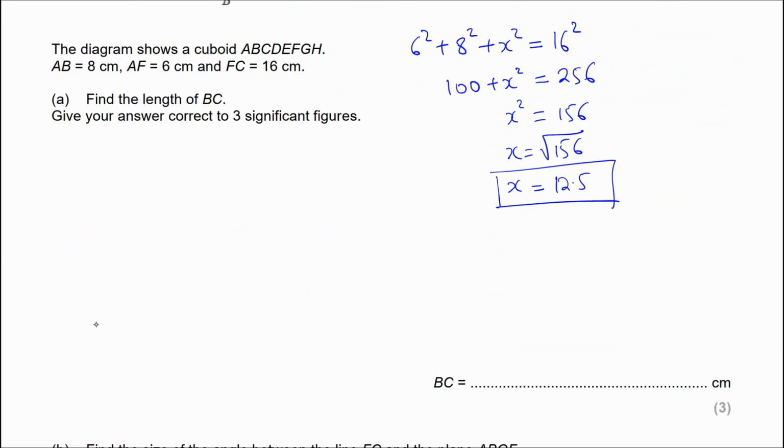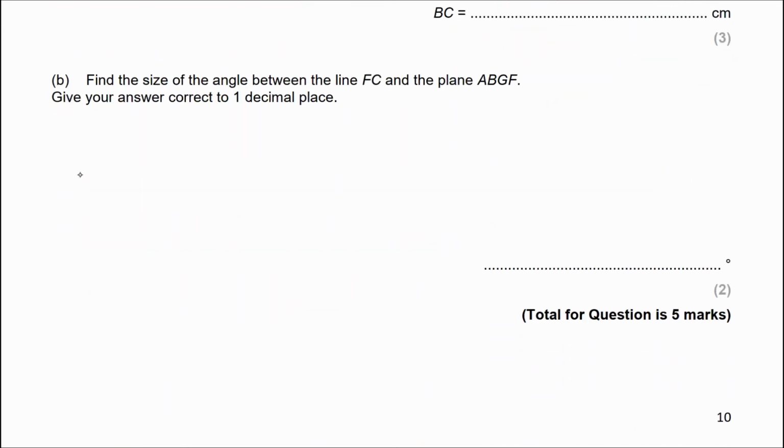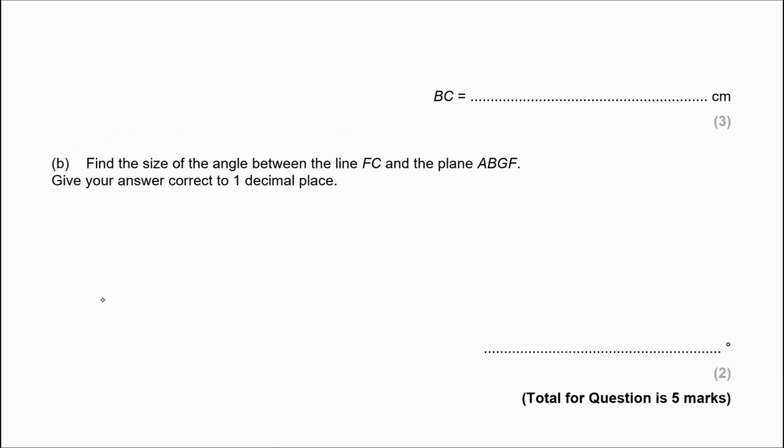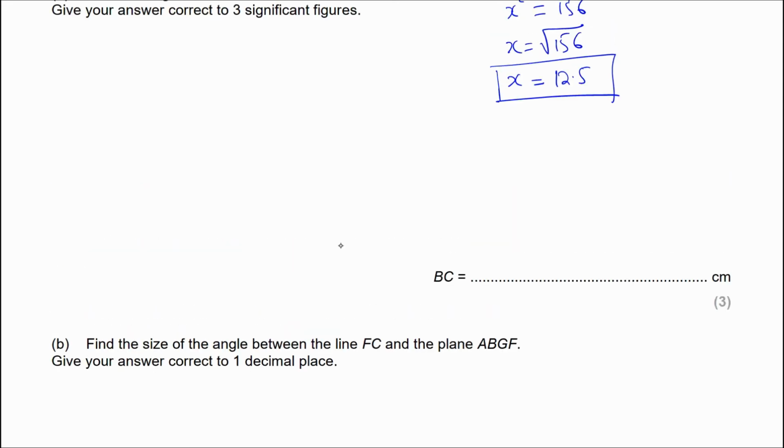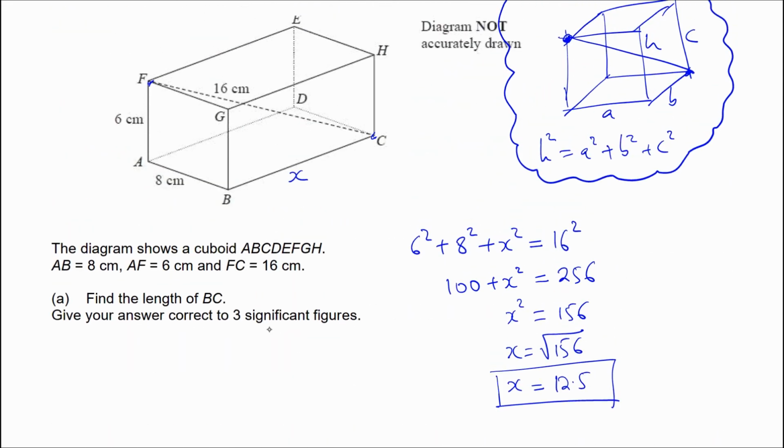Okay, so this question continues here. Now, they want us to find the angle between FC and ABGF. So let's go back here. So between FC, which is that, and ABGF. So what we can do at this stage is just draw another line here.